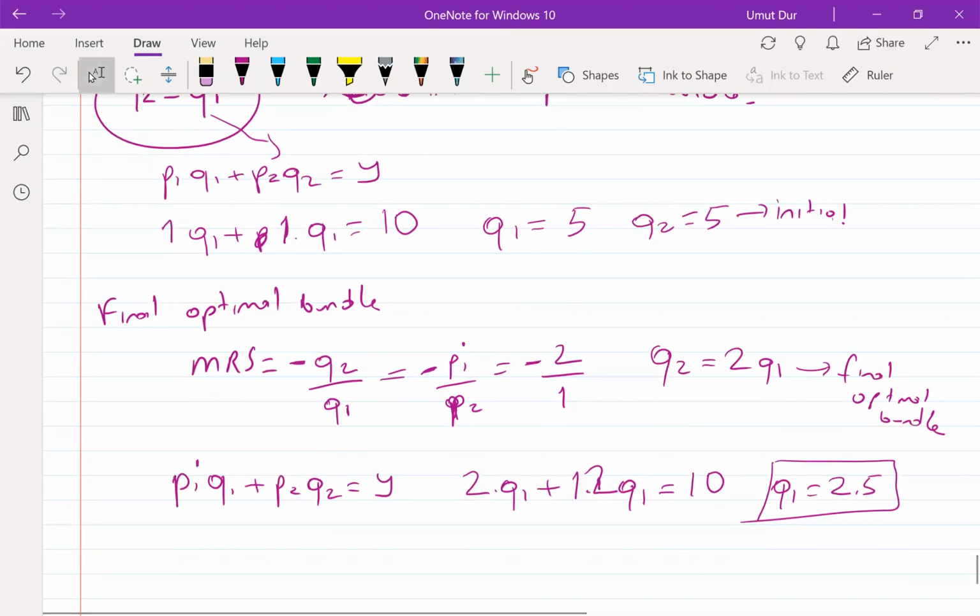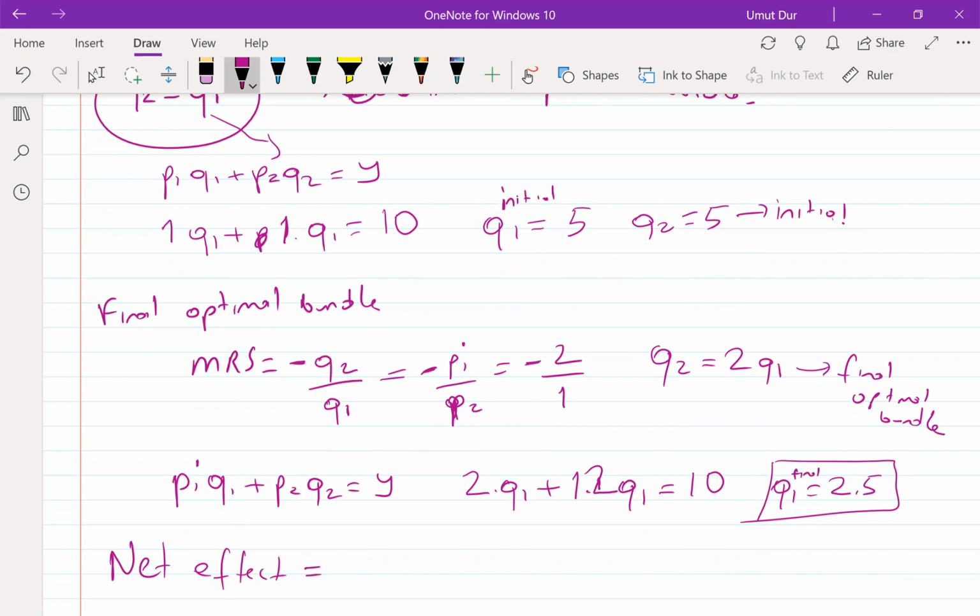Then the net effect, let's say this is initial and this is final. The net effect is Q1 final minus Q1 initial, which is 2.5 minus 5, which will be minus 2.5.